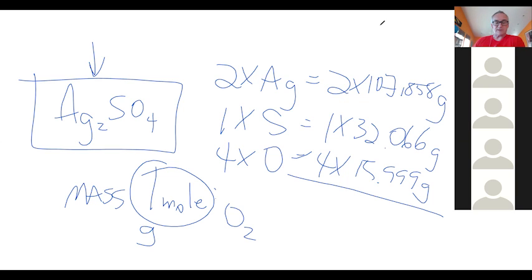And if we do that, someone's done the math already? I can hear clicking. Kenneth got 311.799 grams per mole. So the molar mass would be 311.799 grams.